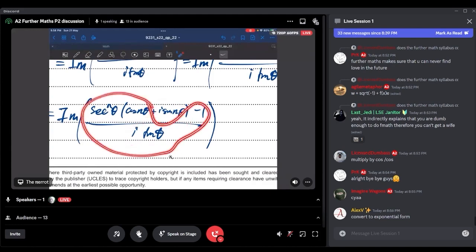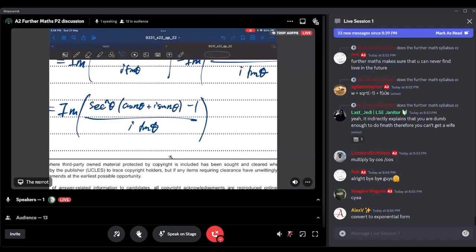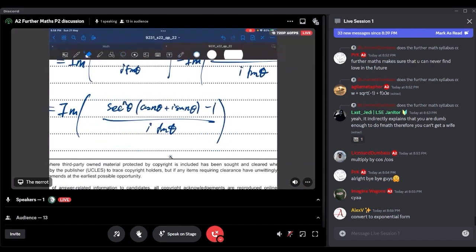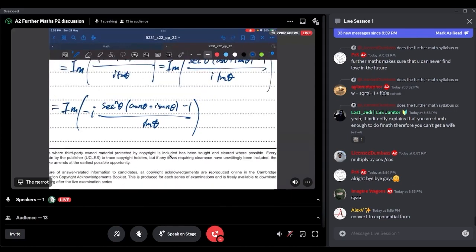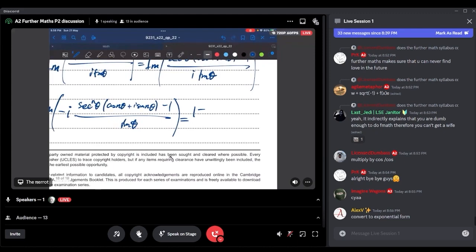But what is it? Well, this is just 1 over i, right? You can rationalize it, you get minus i. So if I rationalize it, this becomes negative i. So that means when you take the imaginary part, you should be getting 1 minus secant power n theta cosine n theta, all over tangent theta.